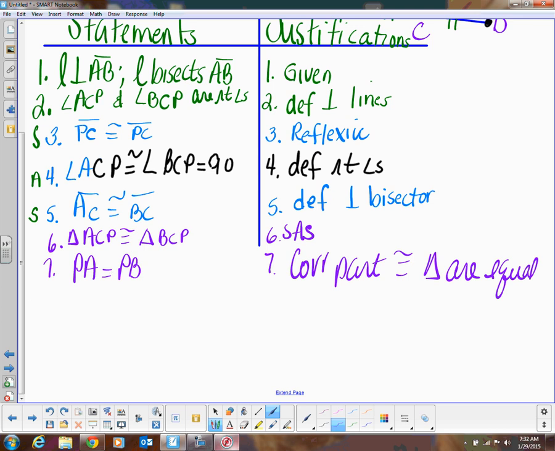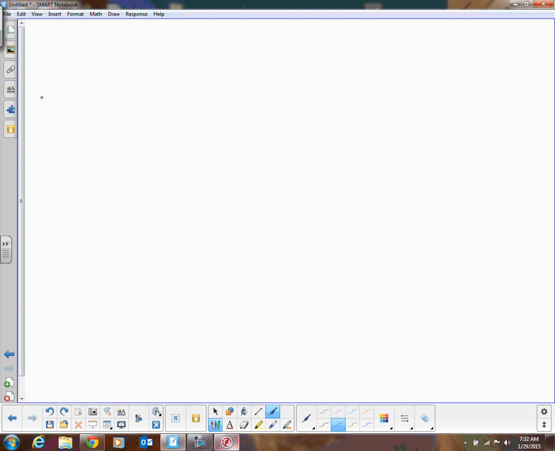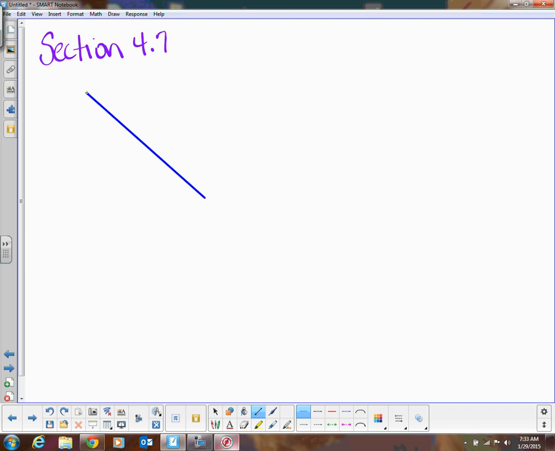But this is what they're doing today. This is section 4.7. I didn't have any separate notes for section 4.7. In fact, I wasn't going to go there, but we decided to do that when we sat down and planned together as a department.